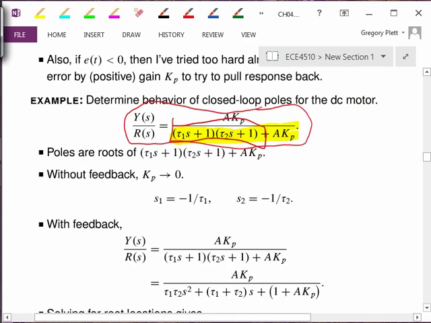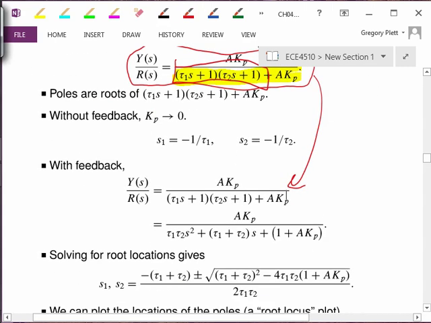When I do have feedback, I need to expand that denominator to be able to find the different polynomial terms in order to find where the roots are. And so this just gets copied down there. And then we multiply out the denominator.